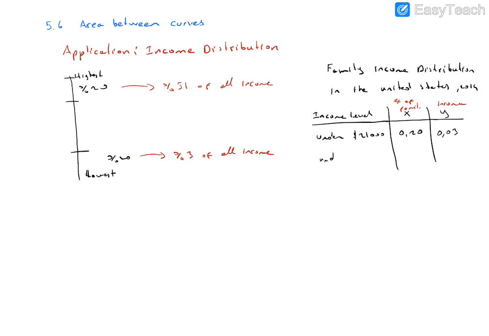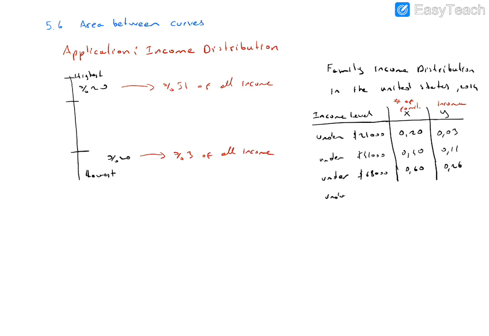So if the income is under $41,000, it includes these people also. So this is 40%, and they take 0.11 or 11% of the total income. If the income level is under $68,000, the number of families is 60% in this situation, and their total income is 0.26, so 26%.